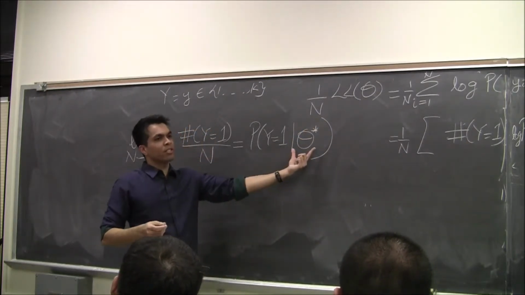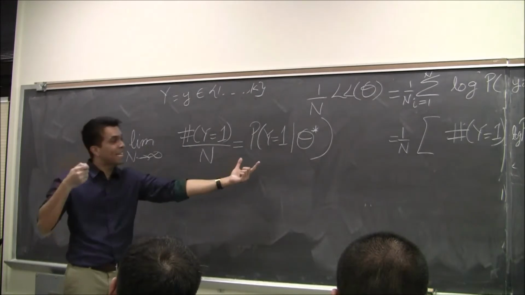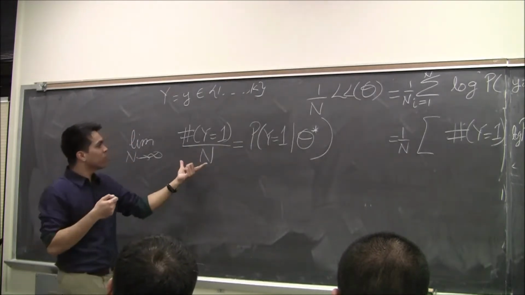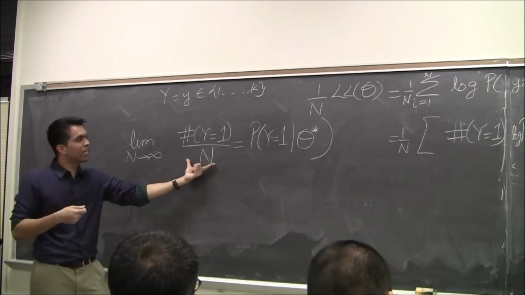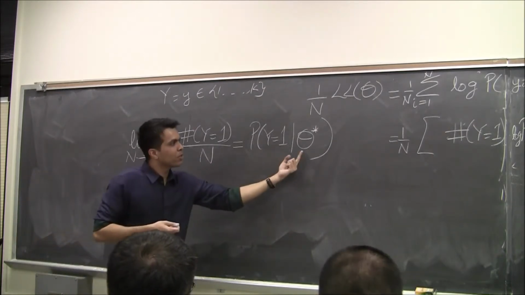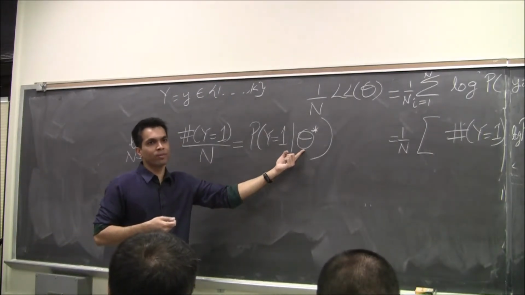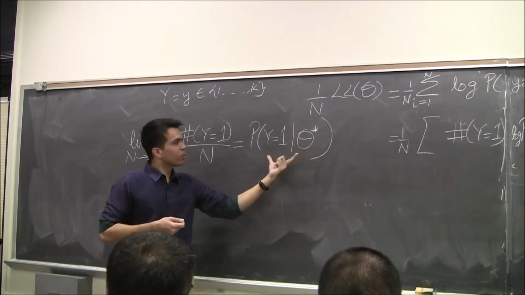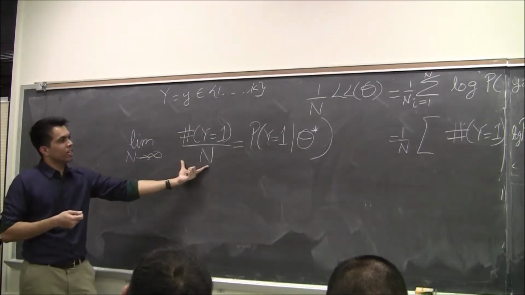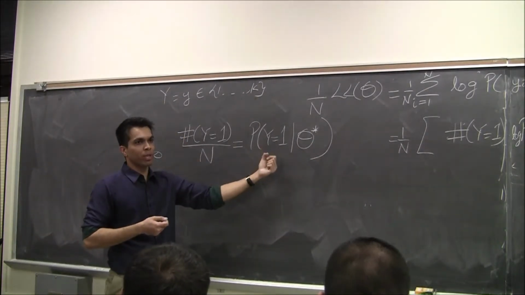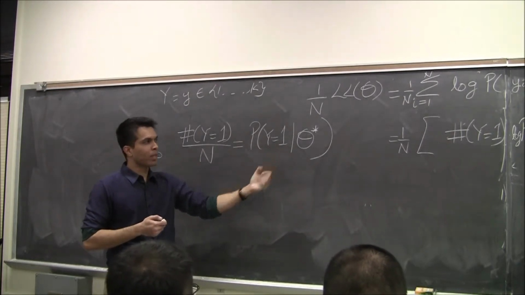We don't know what theta star is. Under the true model, the model that generated this data, how many times are you supposed to see 1? Well, it depends on what the parameter was. So we don't know what this theta star is, but we know that as the data set becomes infinite, this becomes equal to that.